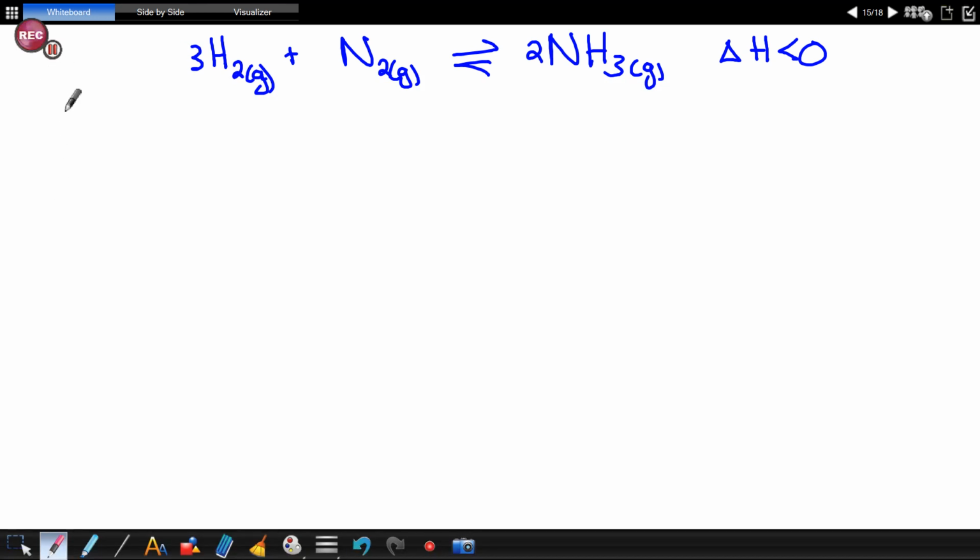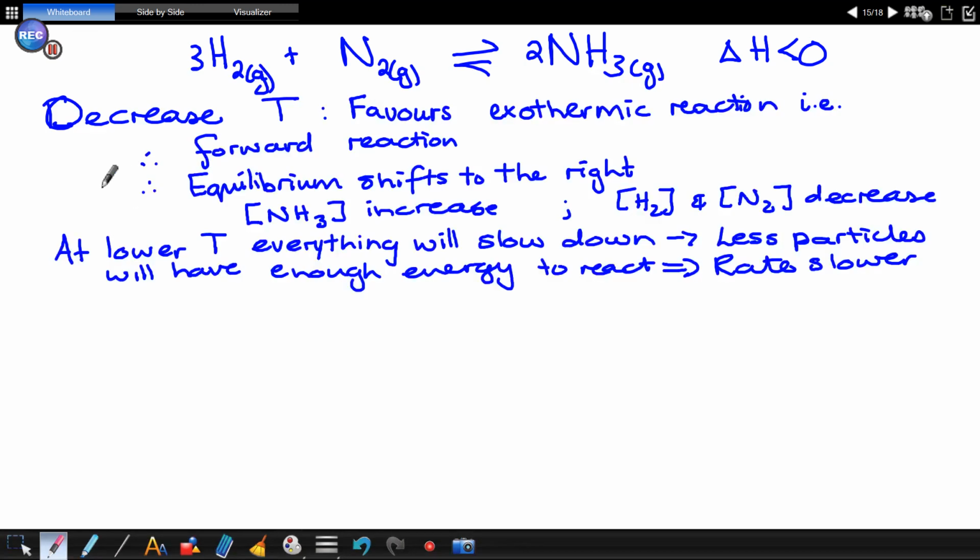So let's cool the system down, we decrease the temperature. Can we try to do it ourselves first? Yes? So decreasing temperature will favor the exothermic reaction, because the exothermic reaction gives off heat, so it opposes the effect of decreasing the temperature.